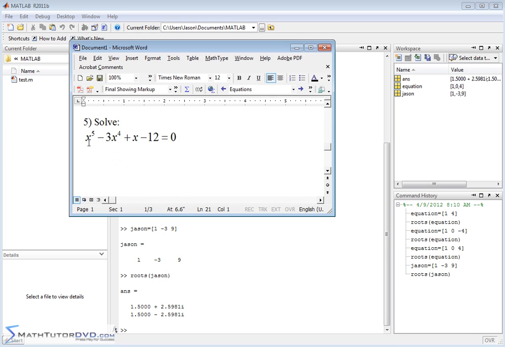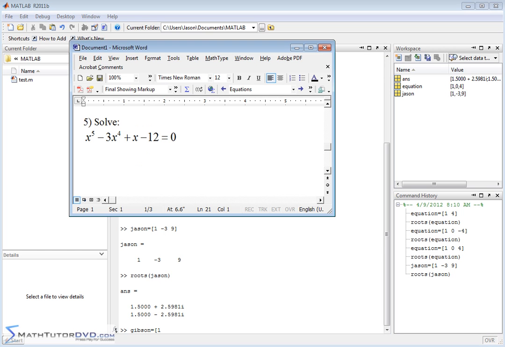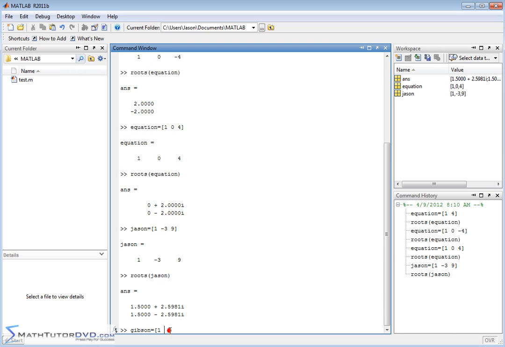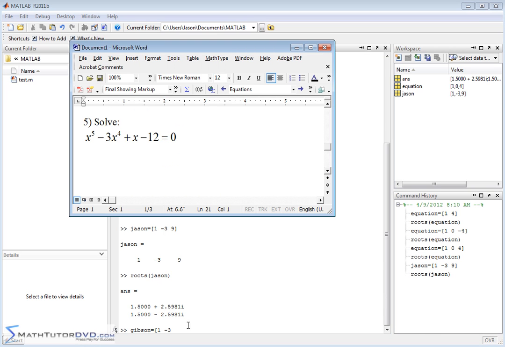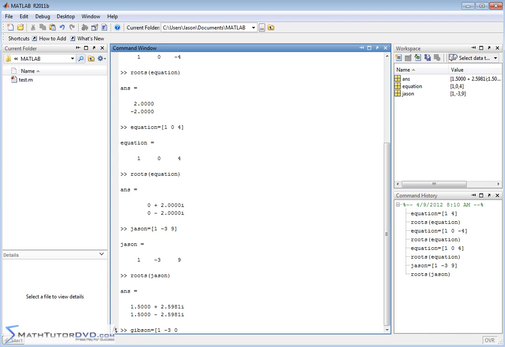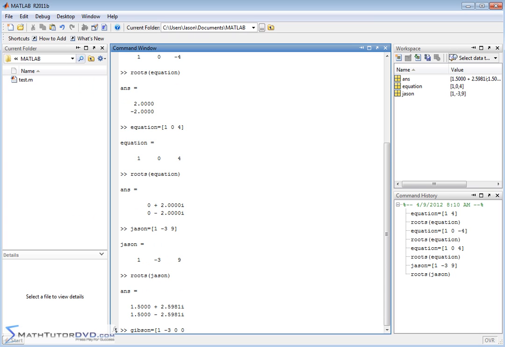Here we have x to the 5th minus 3x to the 4th. So I'll do my last name here. 1x to the 5th. Here we have negative 3x to the 4th, so I'll put a negative 3 there. Now there's no x to the 3rd, so I'm going to have to put a 0 there. But then I'm going to have a 1, and there's no x squareds also, so there's got to be another 0 in there.